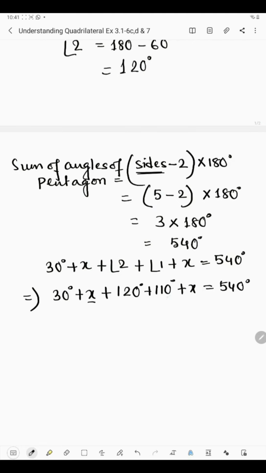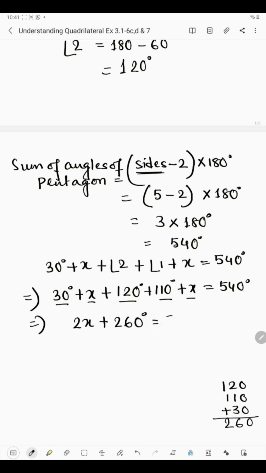Now x plus x make 2x, plus this plus this plus this. So 120 plus 110 plus 30. 0 plus 0 plus 0, 0. 3 plus 2 is 5, 5 plus 1 is 6, 1 plus 1 is 2. So 2x plus 260 degree is equal to 540 degree. Now at first we will transpose 260 degree to the right hand side.